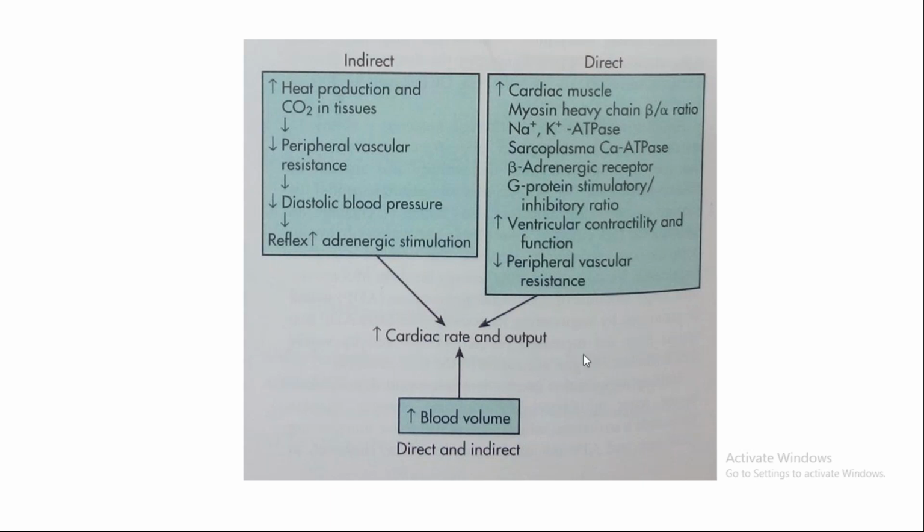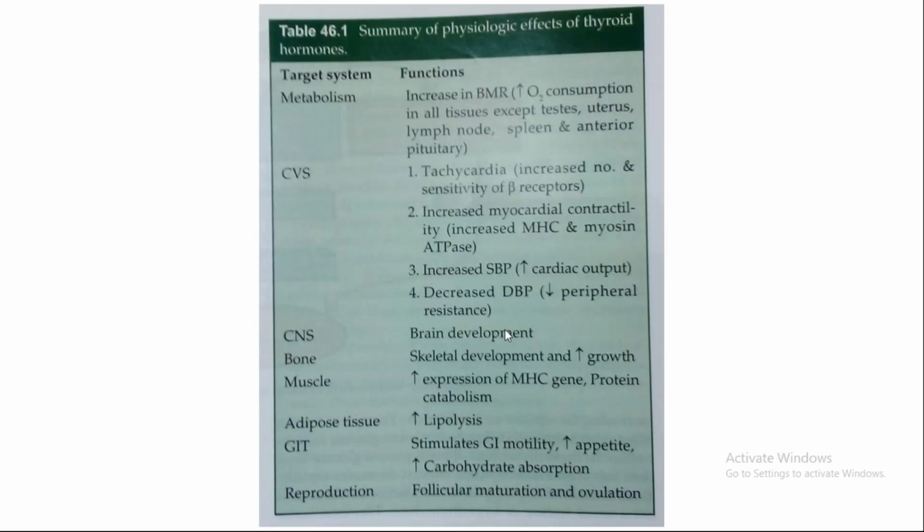Ultimately, it increases the blood volume. So both the direct and indirect effects will lead to changes in the cardiovascular parameters. So this is how thyroid hormone acts on the cardiovascular parameters. Now second is the central nervous system. It is very important.